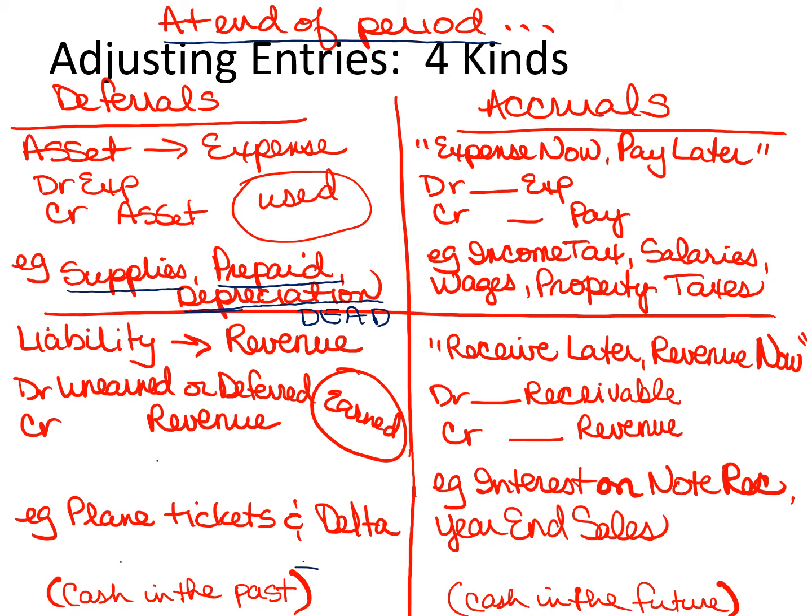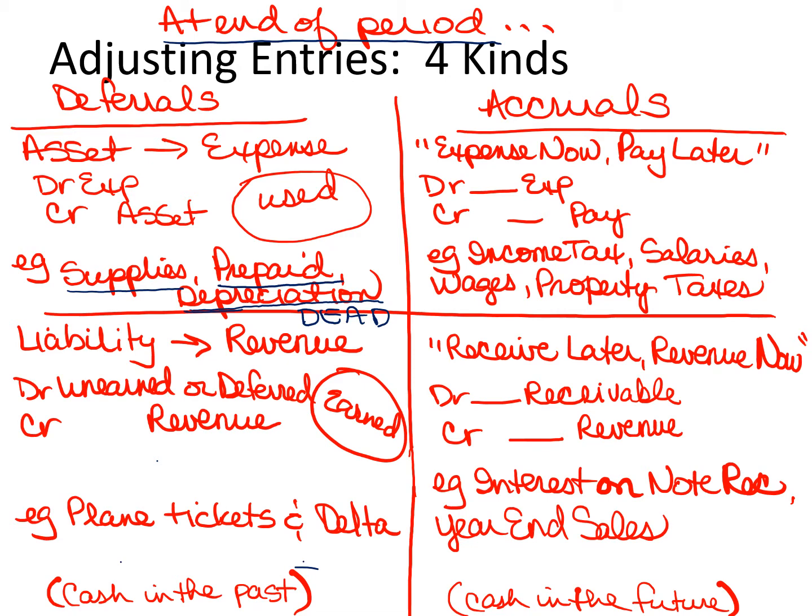I can't wait. So I'm looking at the unearned or deferred account, and I say, how many plane rides have I given? And we need to recognize that piece of the revenue. So it's debit unearned plane tickets, credit plane revenue for how much has been earned.